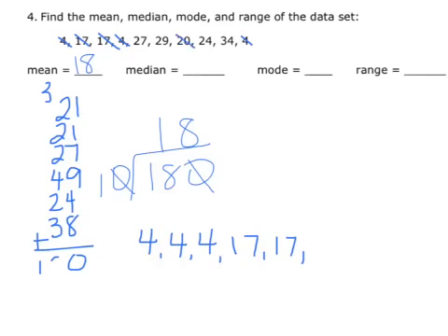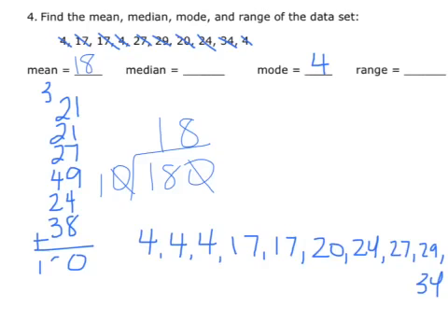Then we've got 20, we've got 24, we've got 27, I'm running out of room again, 29, and 34. I'm just going to have to put it down here on the side. All right, 34. So real quickly, I'm going to go ahead and do my mode. I see it very clearly. My mode would be 4. It happened more than any other number.